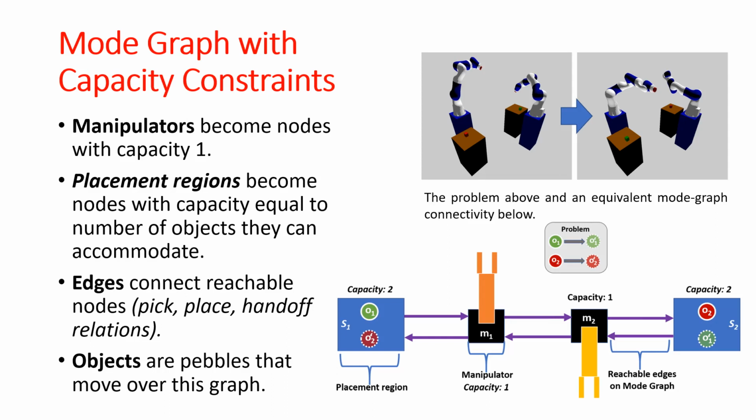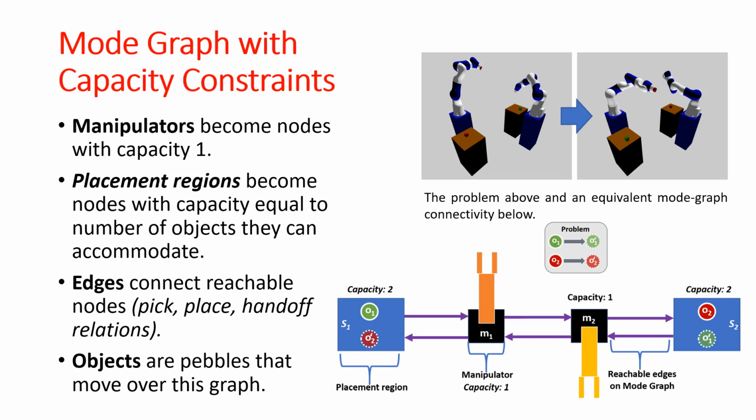Now, what is the mode graph with capacity constraints, which forms the basis of the key contribution of this work? So what we do is we create this graph where the nodes are either manipulators or placement regions, and each node has a capacity. So a manipulator has a capacity of 1 if we only allow a manipulator to interact with one object at a time. A placement region has a capacity of the number of objects that can be placed on it.